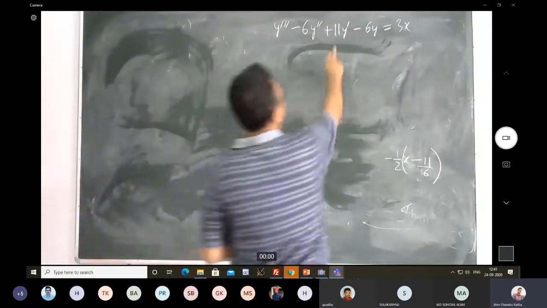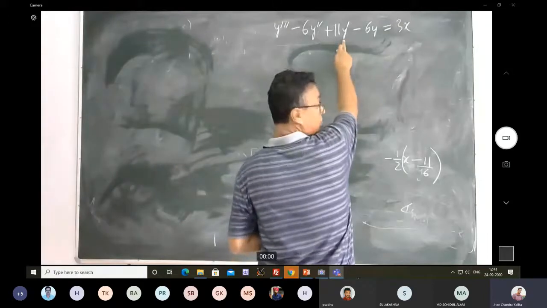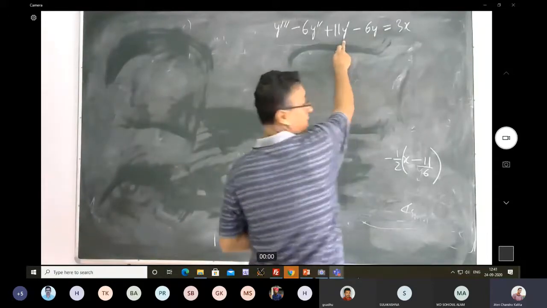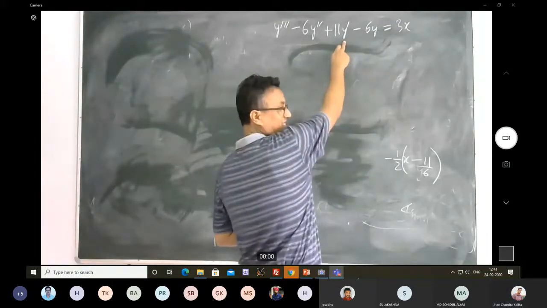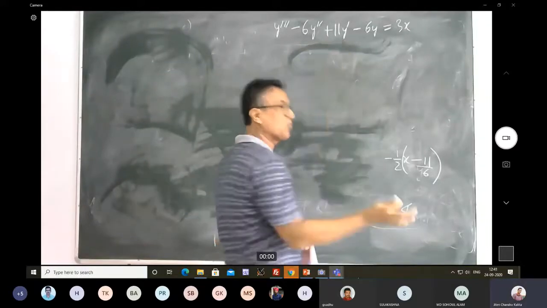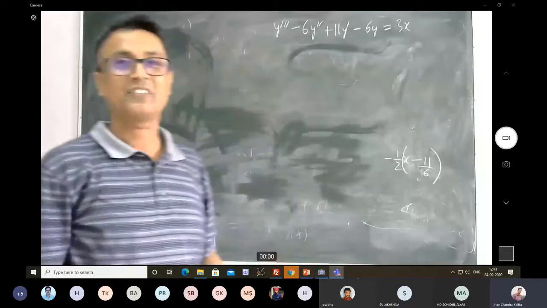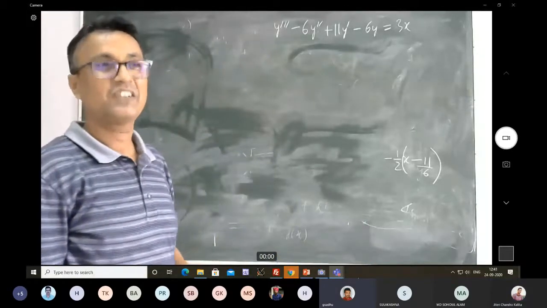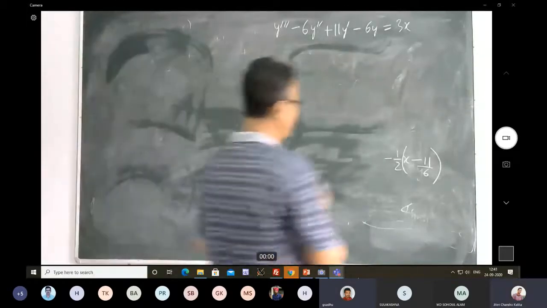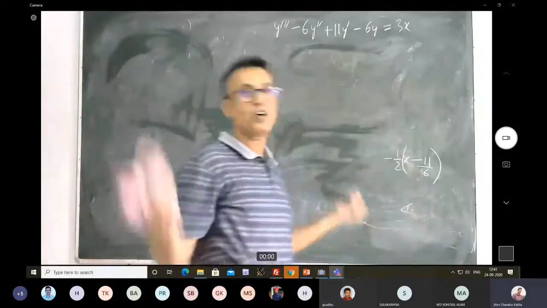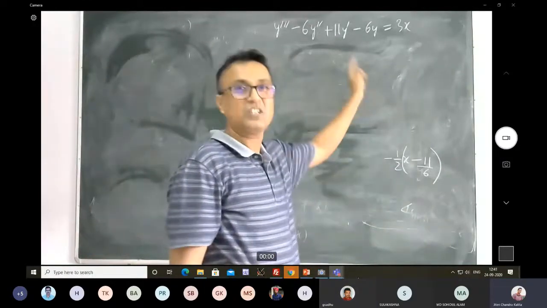Then you know that from here you are going to get simply 11a. That's all for it. Is it okay with everybody? So this is the method of undetermined coefficients. Even if we didn't know about it, just by intuition you can do that.